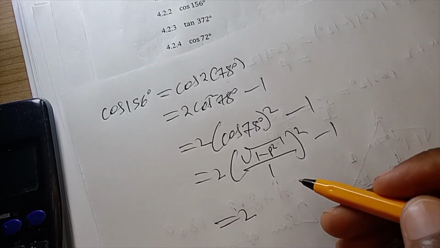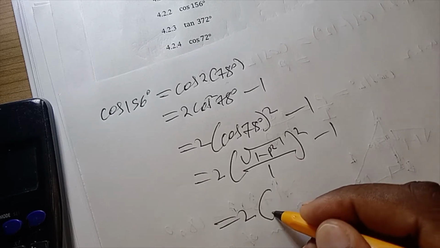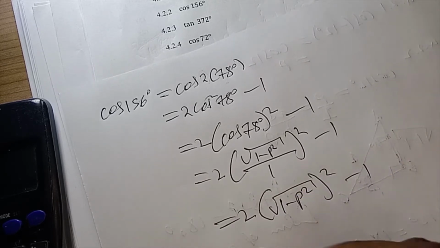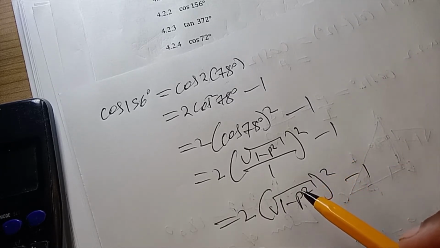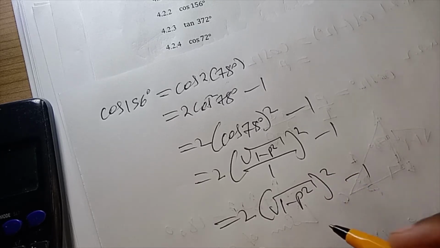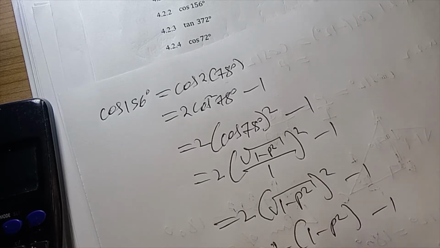Anything divided by 1 should be that thing. Then I'm having it like that. Remember the square root is the same as the exponent 1 over 2. Then 1 over 2 multiplied by 2 is going to give me 1. Then the square root disappears, I remain with that.